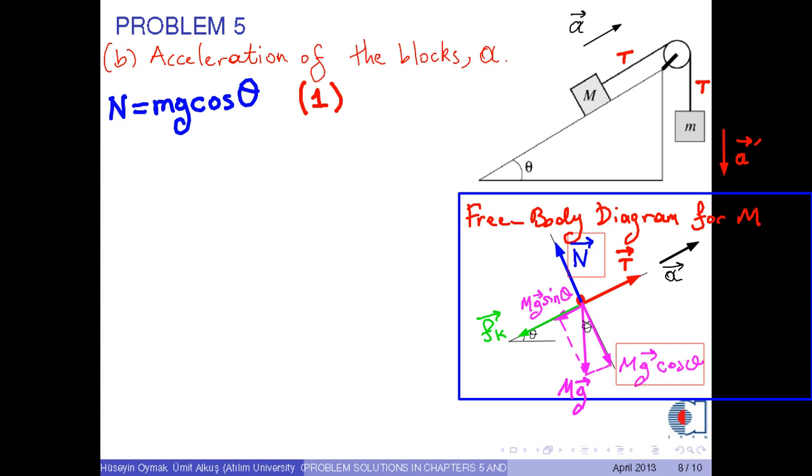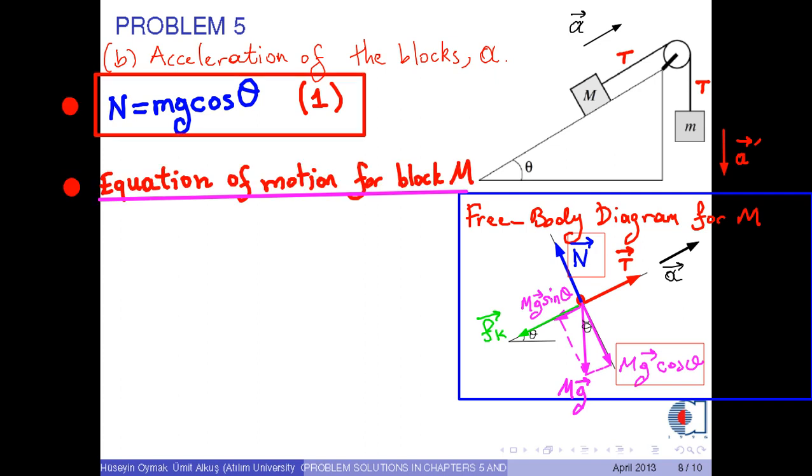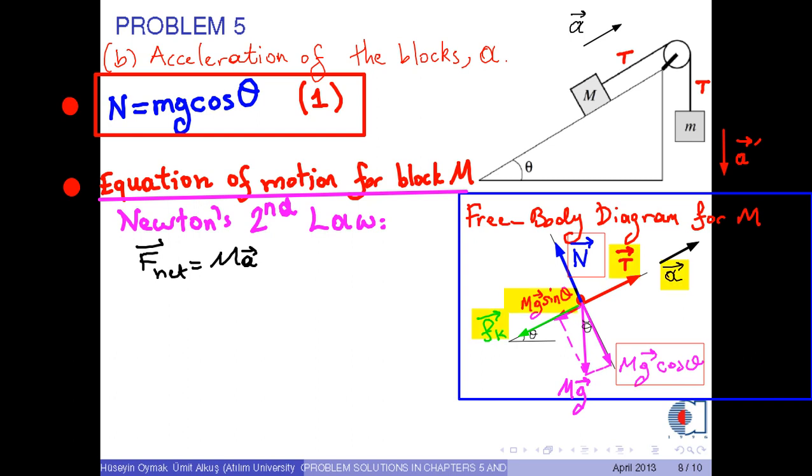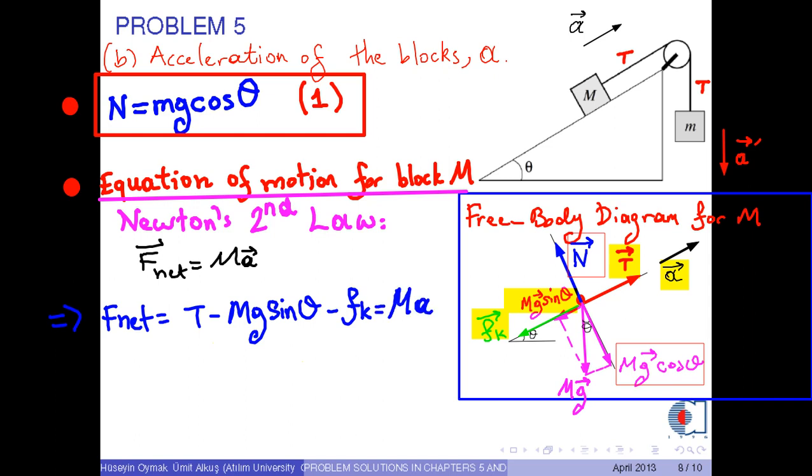The equation of motion for block capital M is found by Newton's second law, which is F net equals m times a. We have only the motion along this line. Therefore, net force is F net equals T minus capital M times g times sine theta minus Fk, which is equal to capital M times a.